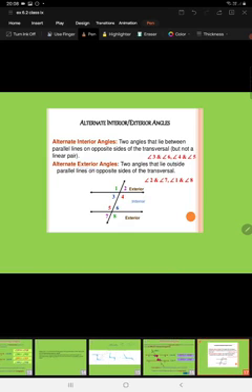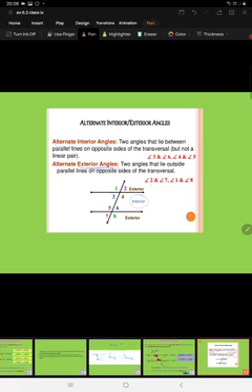Then alternate angles can be categorized into another two. That is, they can be alternate interior as well as alternate exterior angles, as 3, 6, 4 and 5 lie in the interior part of these two parallel lines. Angles 1, 2, 7, 8 lie in the exterior part.